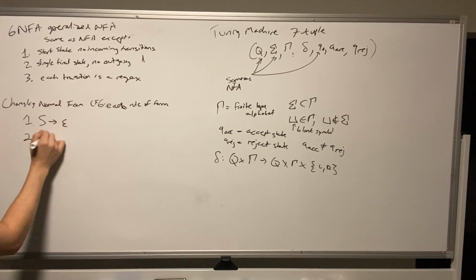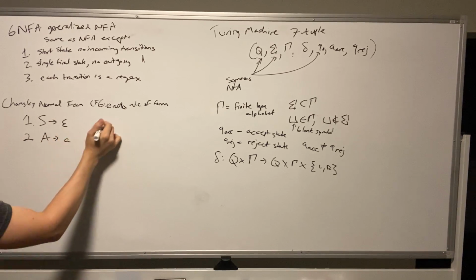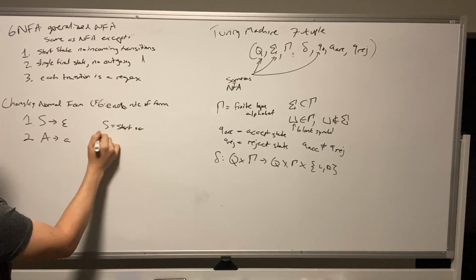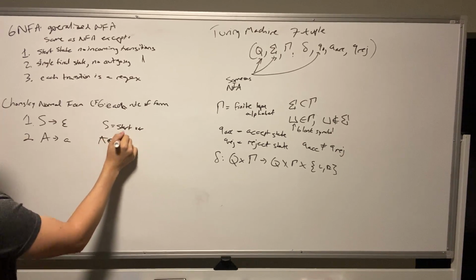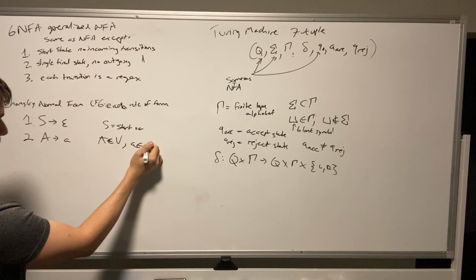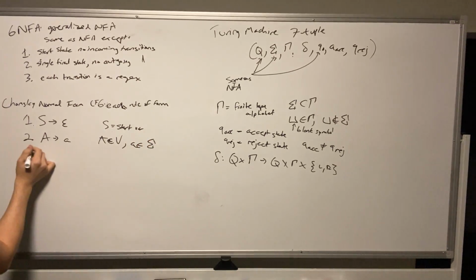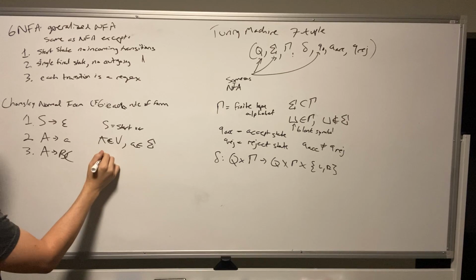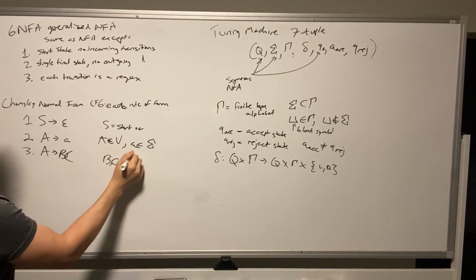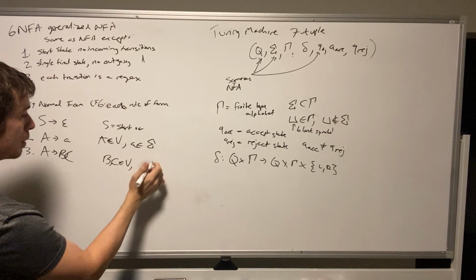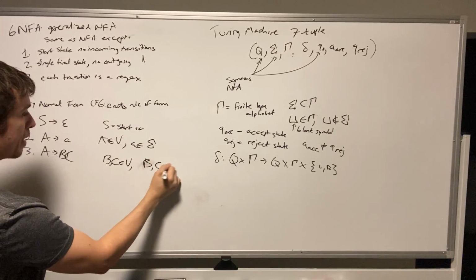Second one, variable goes to a single terminal, where S is the start variable, A is a variable, and little a is in the set of terminals. And third, A goes to BC, two variables, where B and C are variables that are not the start variable.